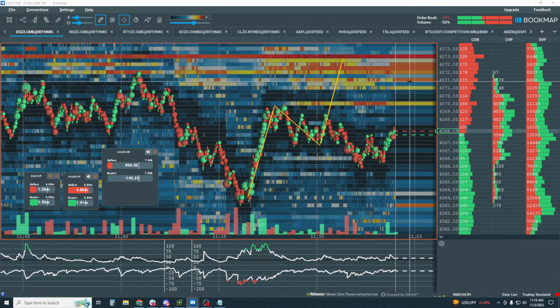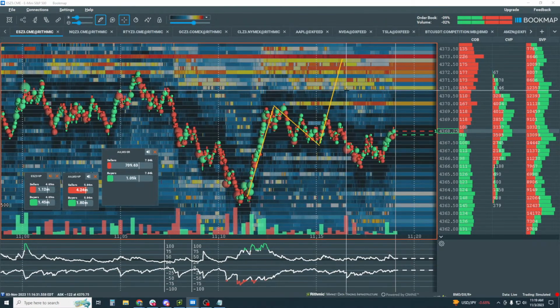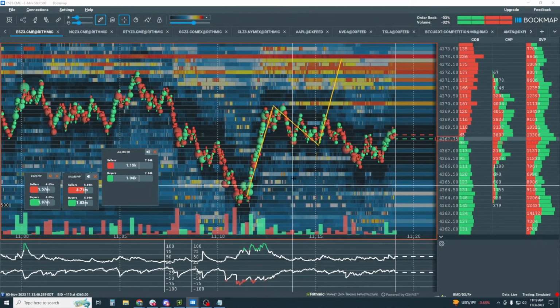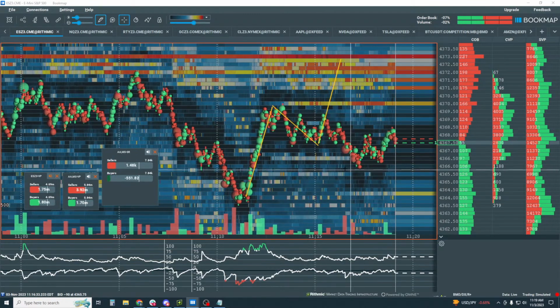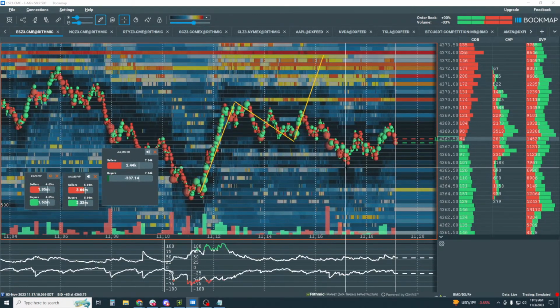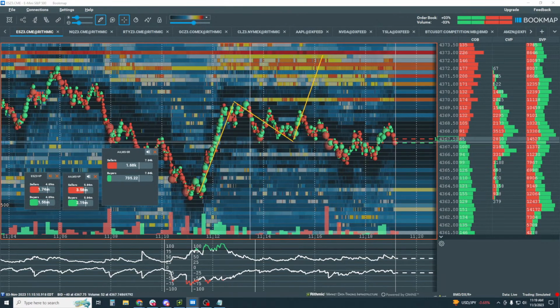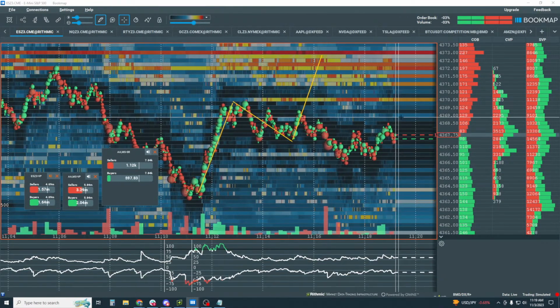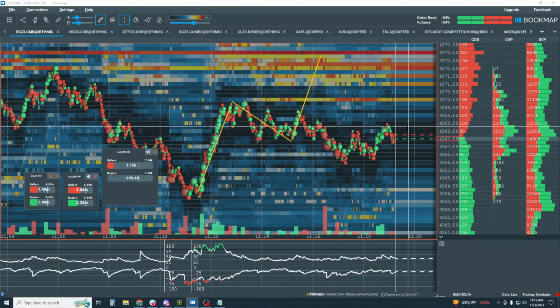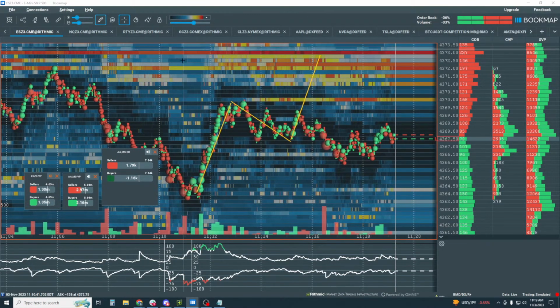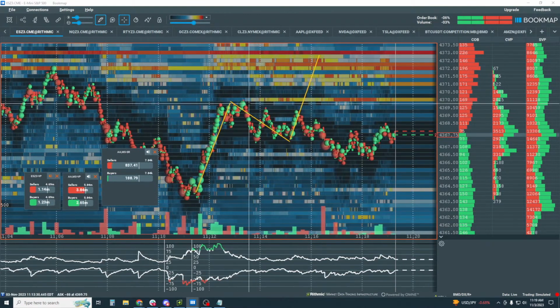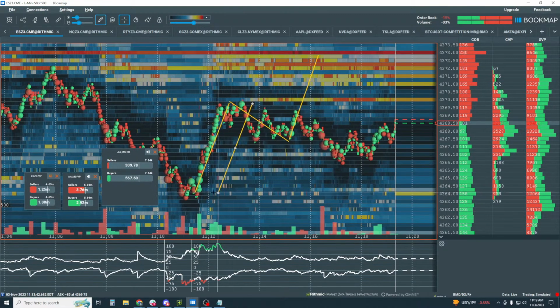It looks like we're going to trade up into here, like our original plan. The reason that you can kind of filter for these, and why or how you can filter for it, is like mentioned in the video from the Learning Center in the strategies.